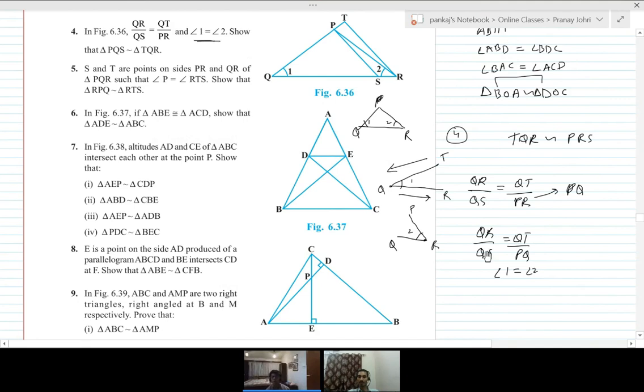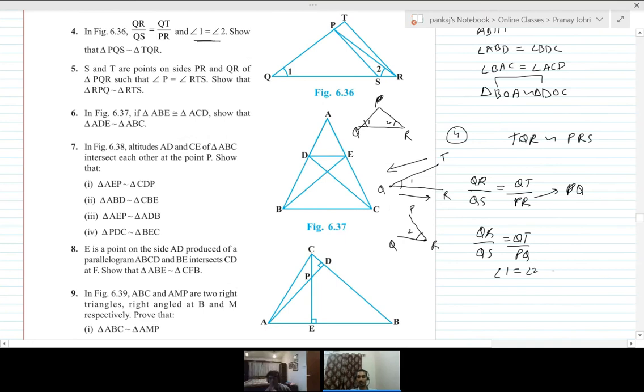We also know from the previous one that QS and QR are similar. So QS by QR is equal to QT by PR in PQS and TQR. This angle 1 and 2 is equal, that's given.